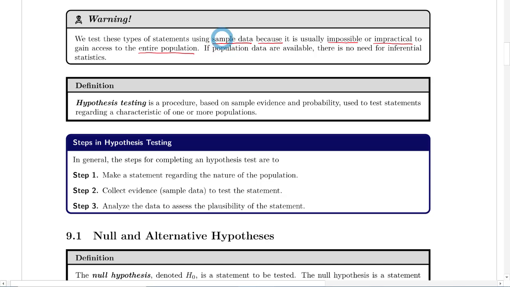One of the examples I always use is AT&T. They always had this thing with lowest dropped calls. I think I discussed this earlier in chapter 2, where that was actually an incorrect statement. Because if I really wanted to see if AT&T had the lowest dropped calls and got the population data, that's almost impossible and impractical.